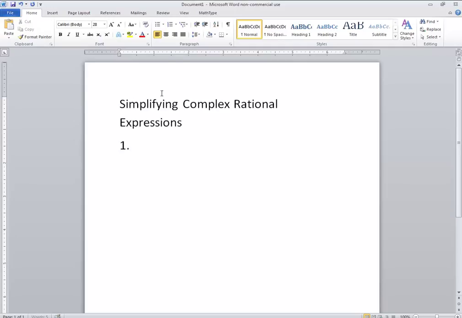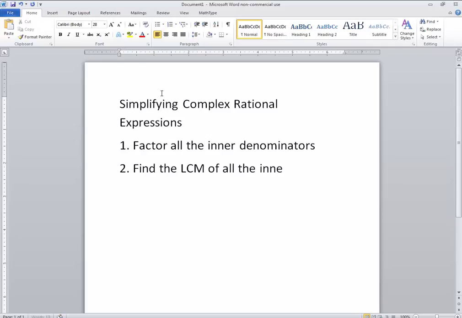Now, our first step is to factor all the inner denominators. Then step 2 is to find the LCM of all the inner denominators and multiply everything by it. And we'll see what I mean by everything with the example.